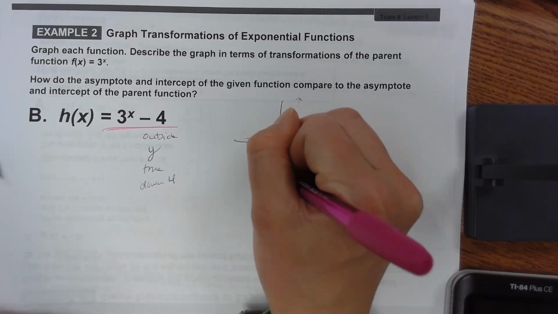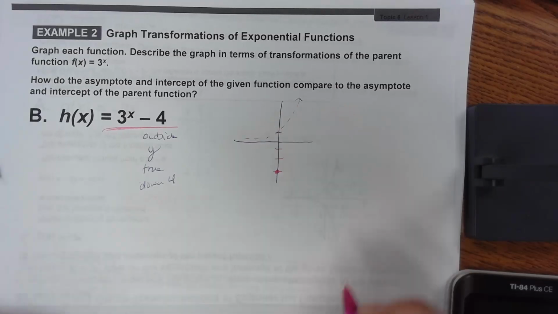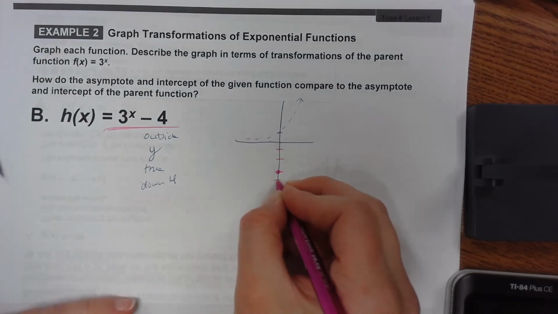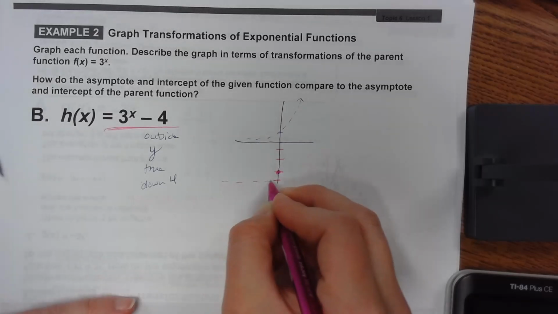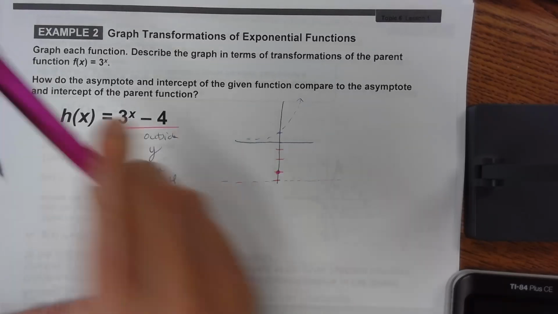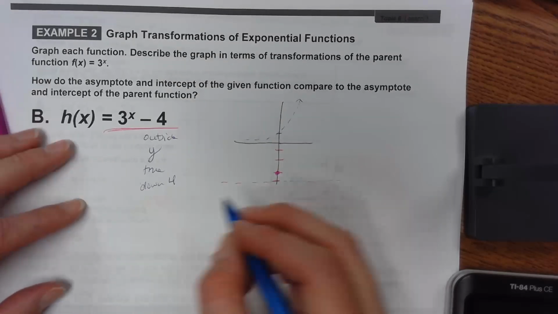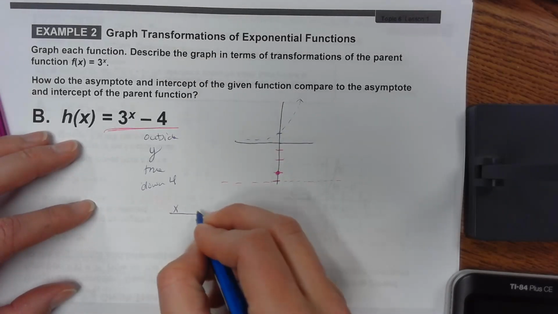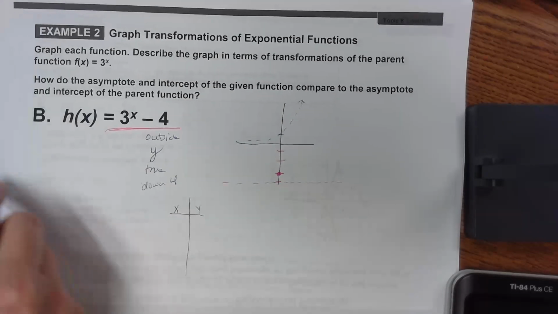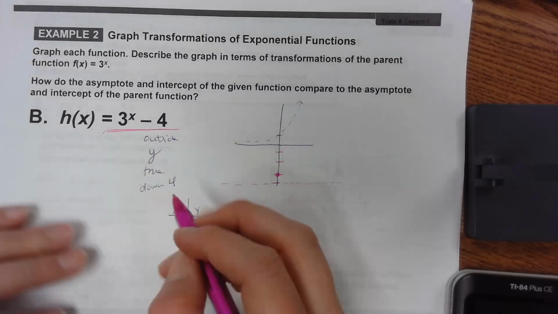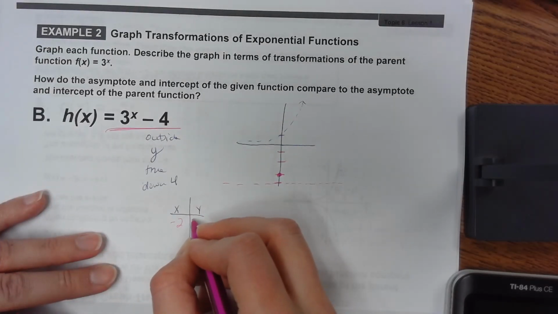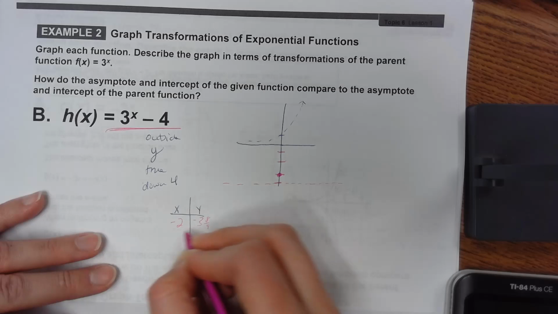Right here is my new y-intercept. And there is my asymptote. Now, if I actually graph this, I could get these numbers.